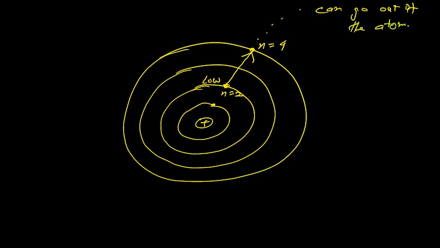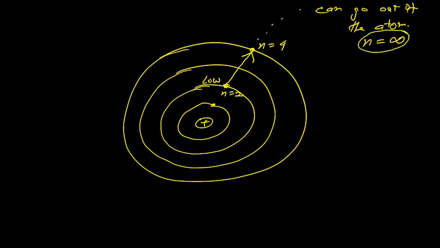If it goes out of the atom, we say it has ionization, and in that case, n is infinity. Okay. So n is considered as infinity because the atom does not have any hold now on the electron. Means force of attraction is so low that electron can be considered as outside the scope of the atom. So n is infinity. It is not in the atom.